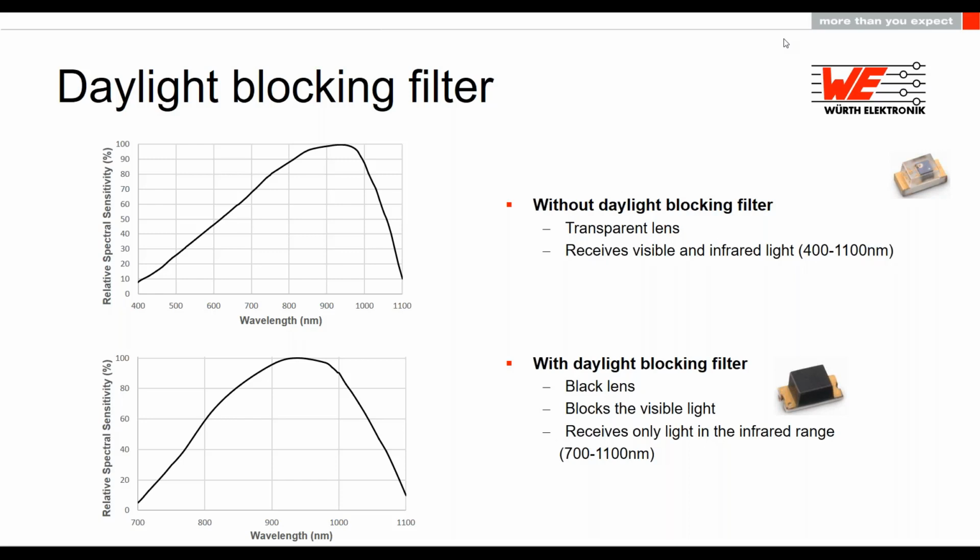As you can see, a daylight blocking filter will just block all the light below 700 nanometers, which is more or less the border of the visible light. So my detector will have a more stable signal and less noise coming from the ambient light. In our case, our products are available with and without daylight filter.